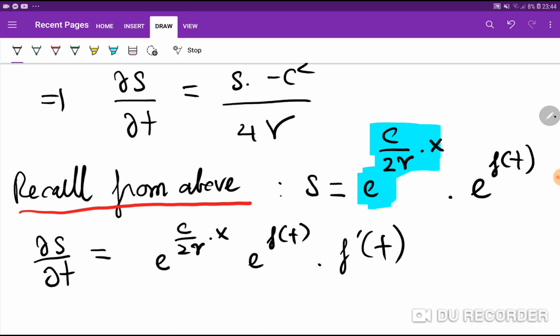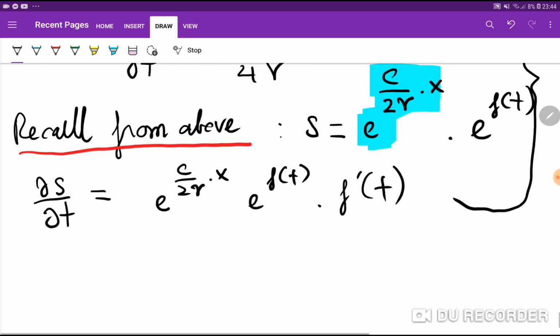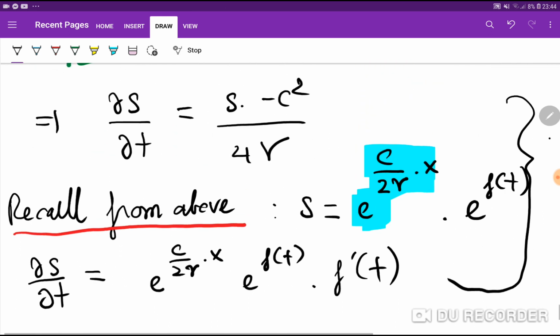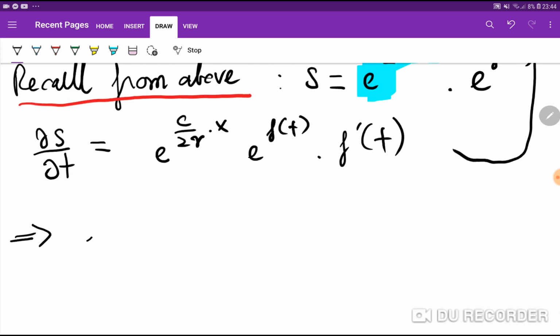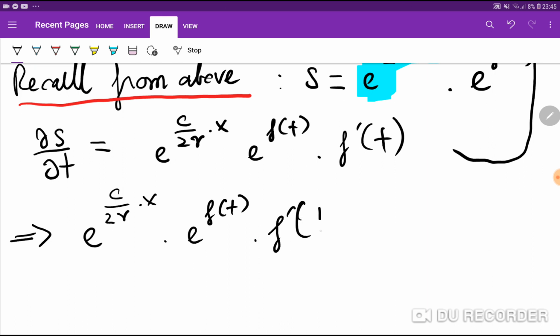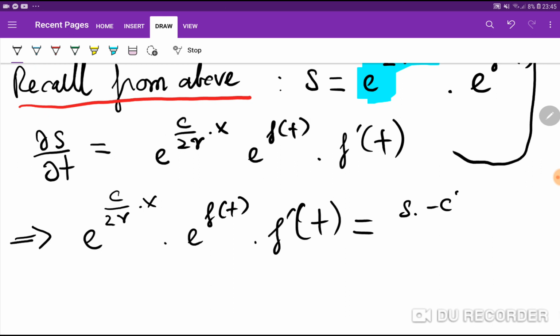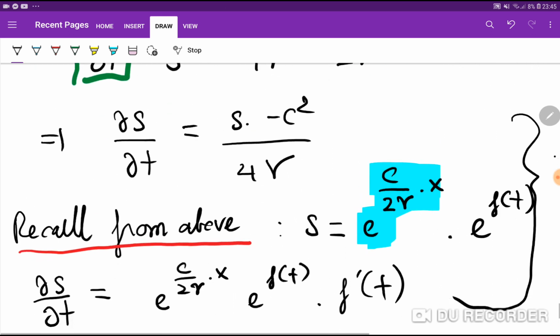So we can plug this in: e to the power c over 2 mu times x times e to the power f of t times f prime of t equals S times negative c squared over 4 mu.